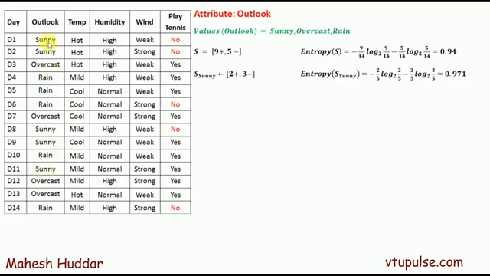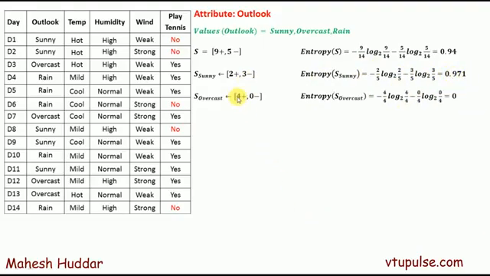The first is negative, second negative, third negative, fourth positive and fifth positive. So we have 2 positive examples and 3 negative examples. The entropy of S sunny is the proportion of positive examples, 2 by 5, log 2 by 5 to the base 2, minus the proportion of negative examples, 3 by 5, log 3 by 5 to the base 2, which is equivalent to 0.971 in this case.